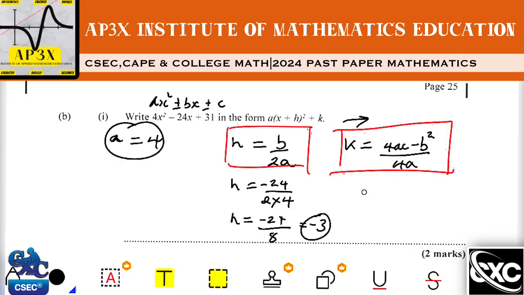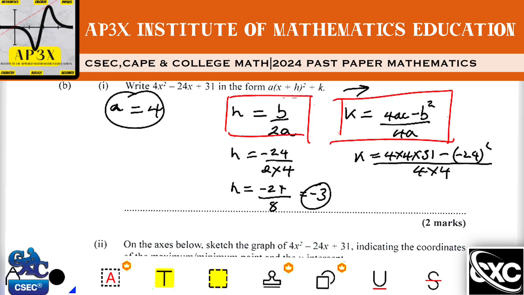So therefore we're going to say k is equal to 4 multiplied by a, which is 4, multiplied by c, which is 31, minus b, which is in fact negative 24, squared, and that's all divided by 4 multiplied by a, which is 4. Now when we do some mathematics, we end up with 4 multiplied by 31, which is equal to 496.